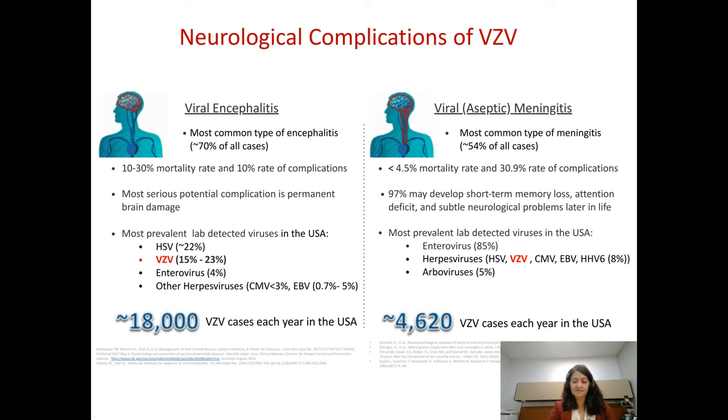You can see VZV, along with enteroviruses and other herpesviruses, can also cause viral aseptic meningitis, with a total of about 4,600 cases a year in the United States. This can lead to severe complications, permanent brain damage and encephalitis, or short-term memory loss, etc., during aseptic meningitis.